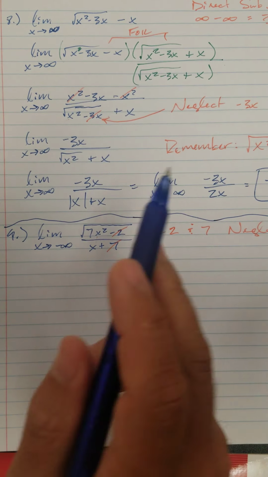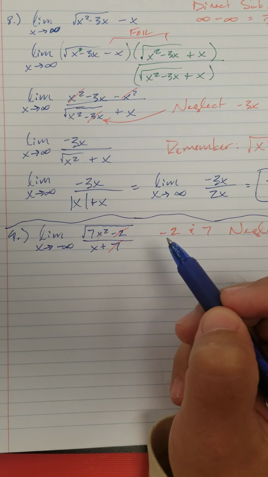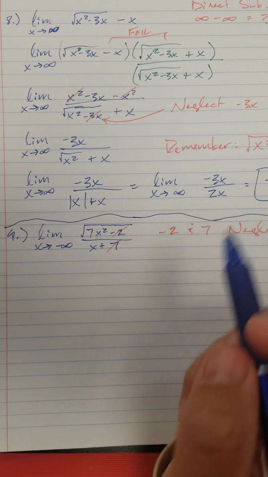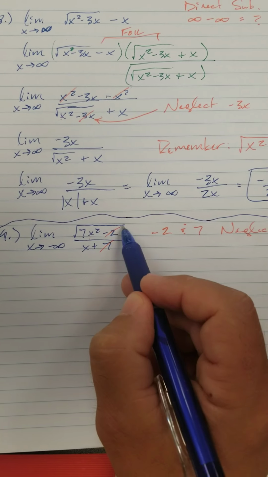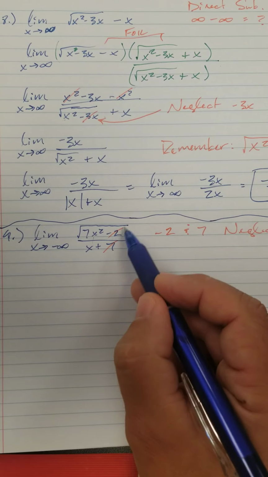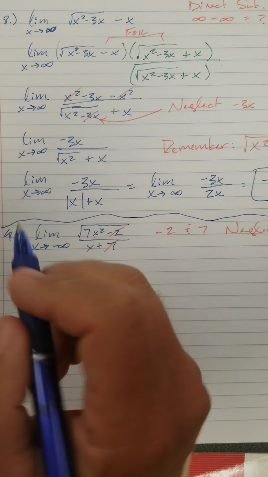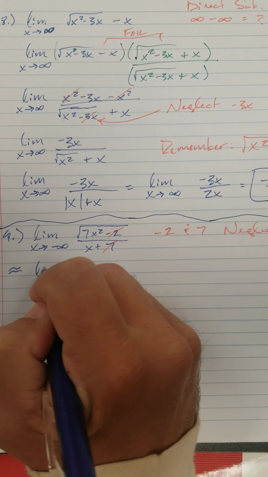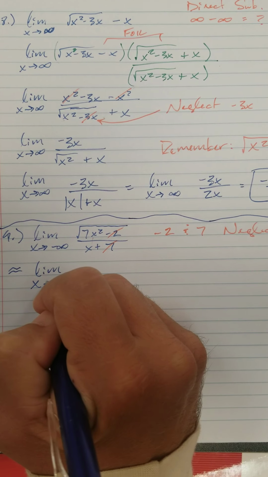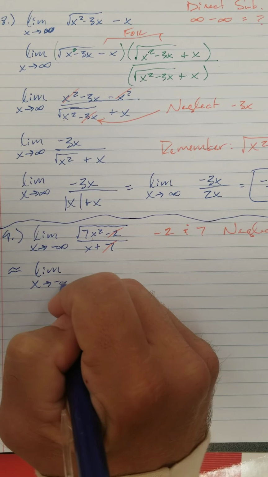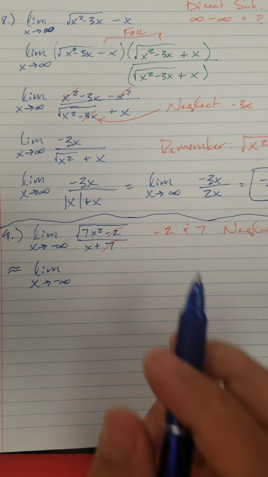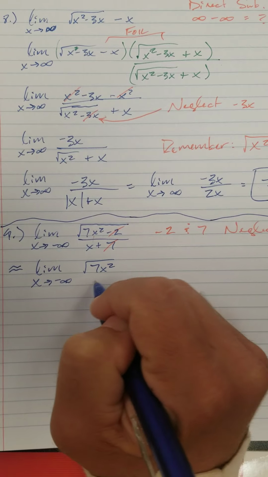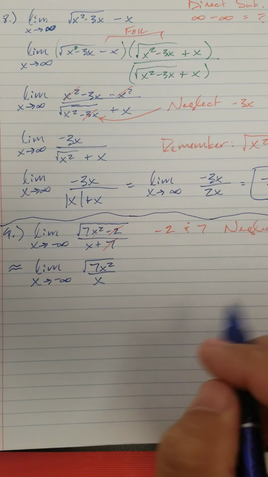Now here's one thing I didn't say before, but I'm noticing just reading different people and also talking to Miss Onan, when you start neglecting these terms, it's probably best if you say that it's approximately this limit. So 7x squared over x.